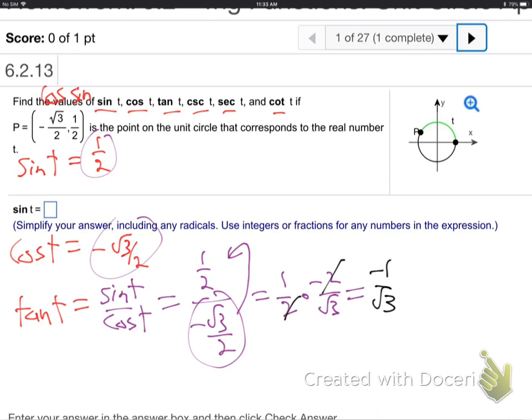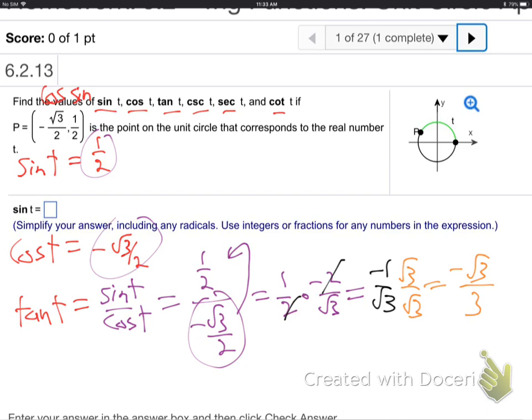But we can never leave a root on the bottom. Remember that? So multiply top and bottom by root 3, and you get negative root 3 over root 9, which is plain 3. There we go. There's the tangent. Negative root 3 over 3. That good? Question? Tangent 90, that was the undefined one, right? Tangent 90.